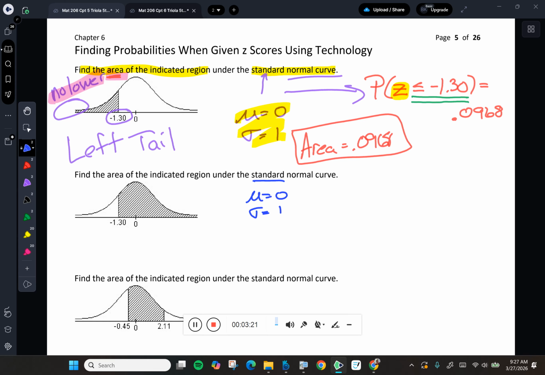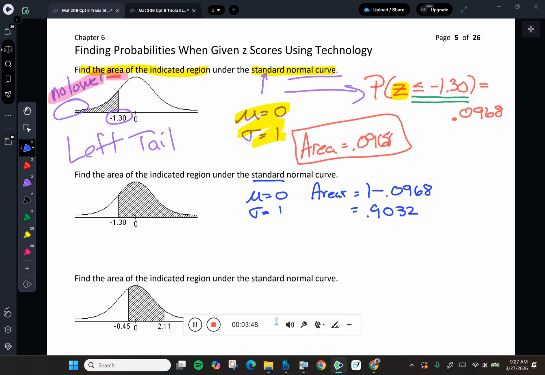So I could solve this problem by saying that the area for this problem is just going to be 1 minus 0.0968. Because if the area under the whole thing is 1, and I know that the left tail is 0.0968, then the right tail better be 0.9032.